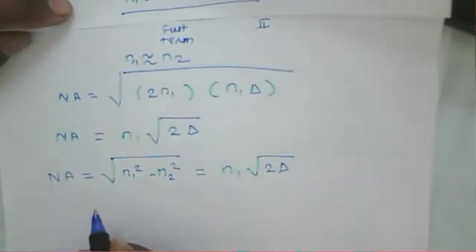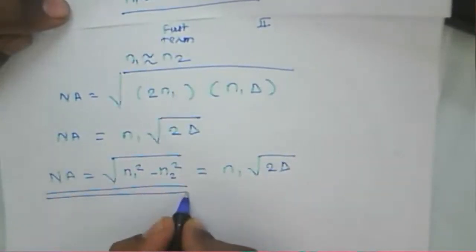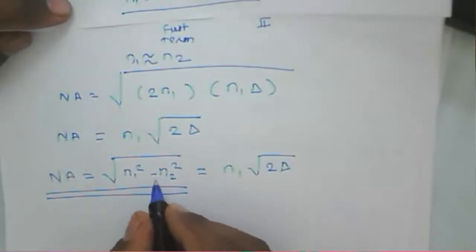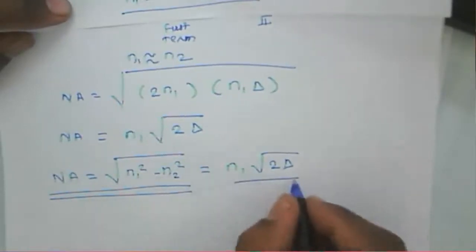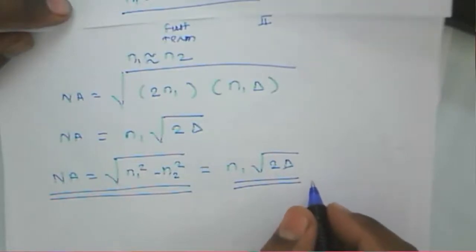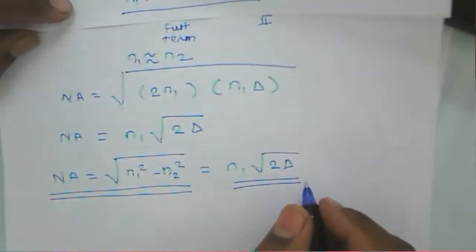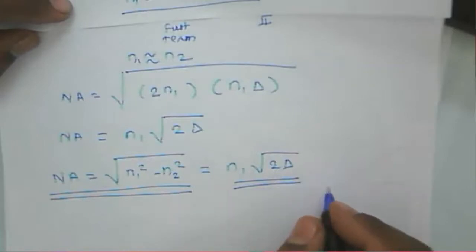So NA, the square root of n1 square minus n2 square, is equal to n1 root of twice del. Means we can calculate the numerical aperture either using the two refractive indices, or using the relative refractive index difference of this particular fiber.